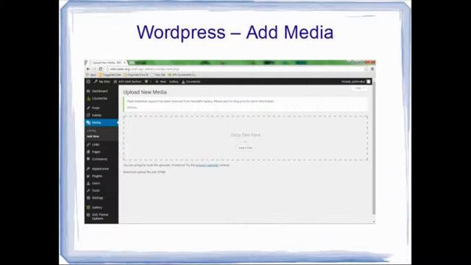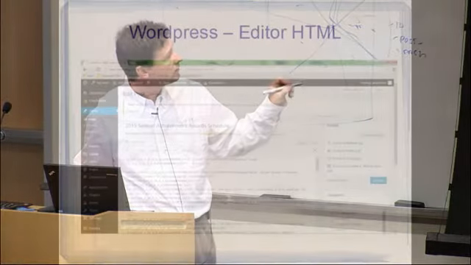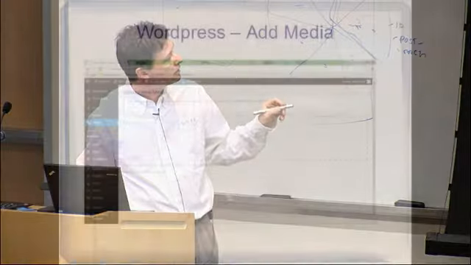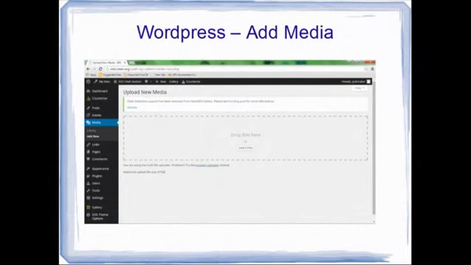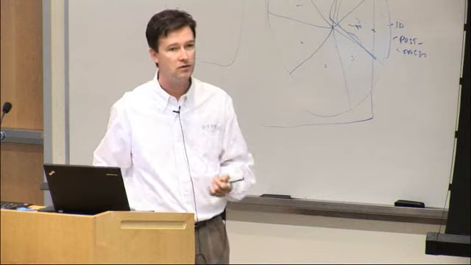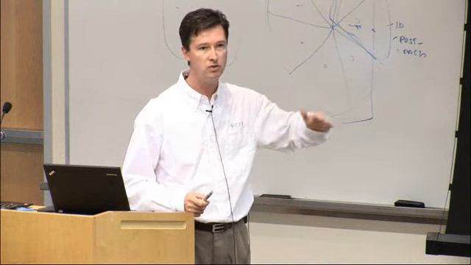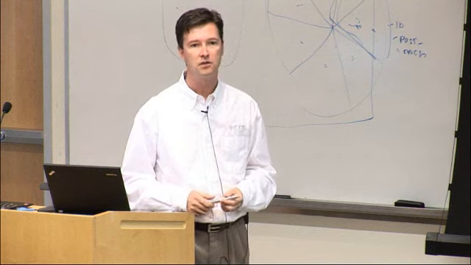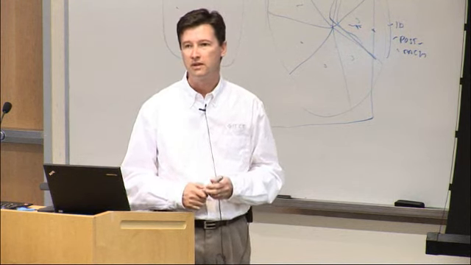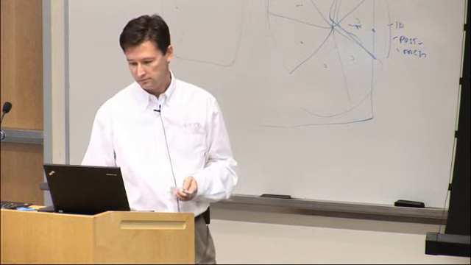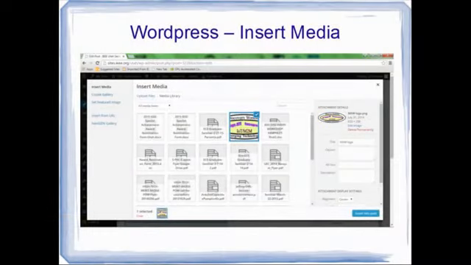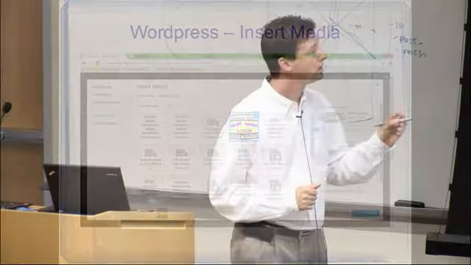All right, so let's talk a little bit more about the media. If you click Add Media, what you're going to get is probably going to look like this, and you just do what it says. If you have a bunch of media you want to add, just drag them in there, and it'll start uploading them onto your site. It's very simple to work with. Once it's uploaded, you can pick them, and you can pick more than one at a time to add.